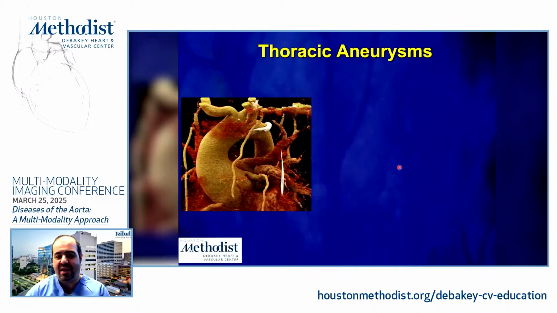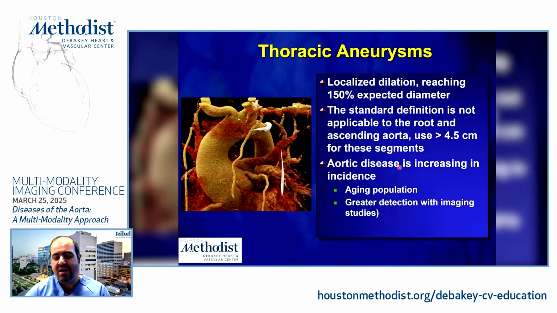Now, when we talk about thoracic aneurysms, this is a 3D volume rendered image with CT showing this proximal ascending aortic aneurysm that's involving the root. It's by definition a localized dilation reaching 1.5 times the expected diameter of the vessel.